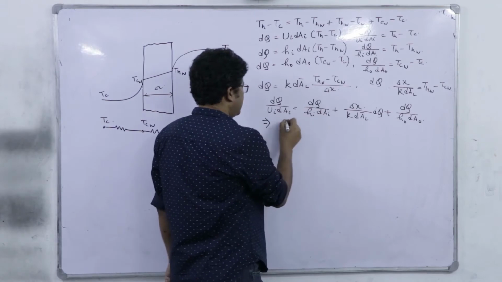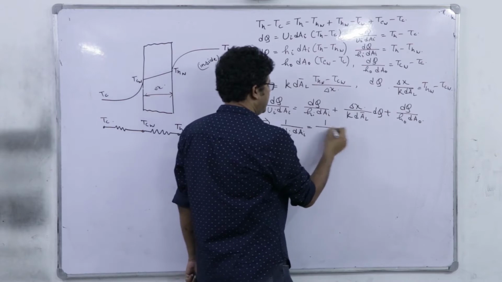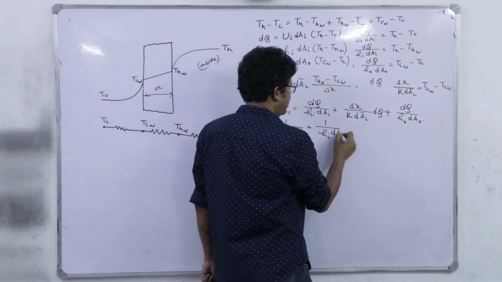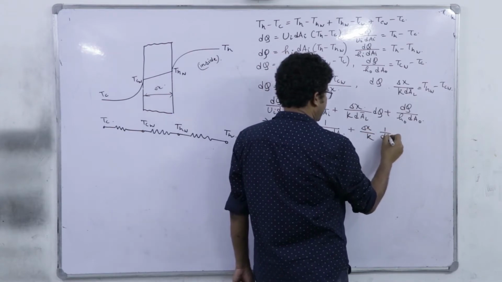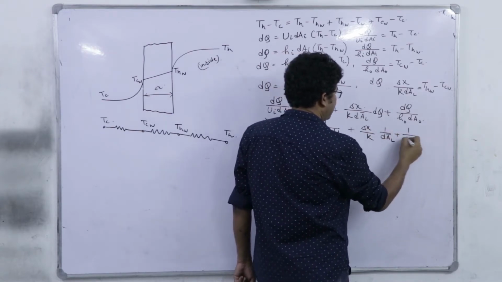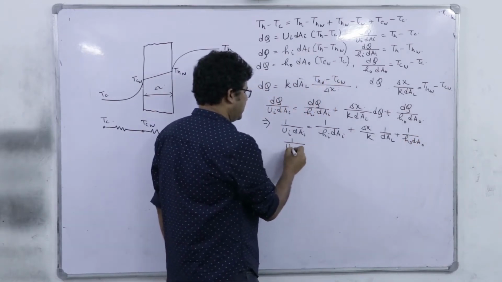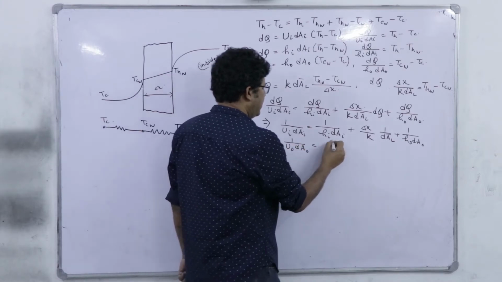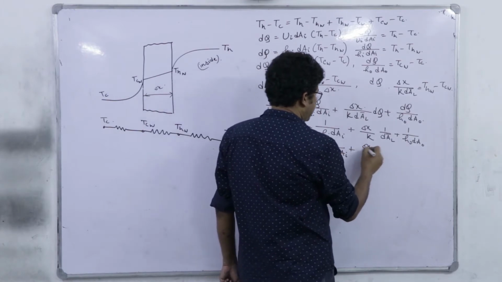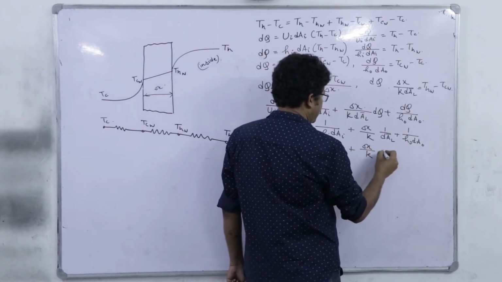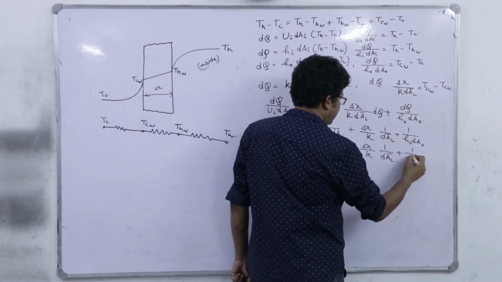Right. So 1 by UI dAI is equal to 1 by HI dAI plus delta x divided by K into 1 by dAL bar plus 1 by HO dAO. Similarly, we can write also for UO dAO: 1 by HI dAI plus delta x divided by K into 1 by dAL bar, the same, plus 1 by HO dAO.